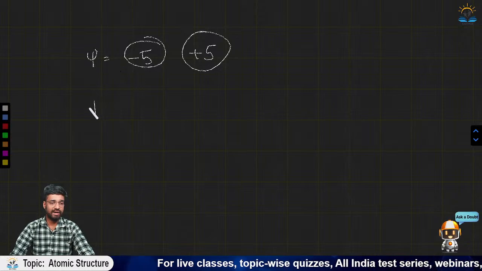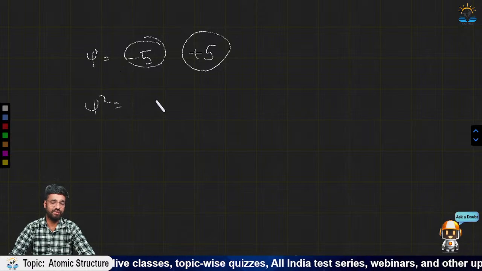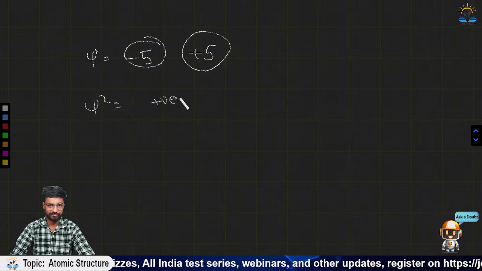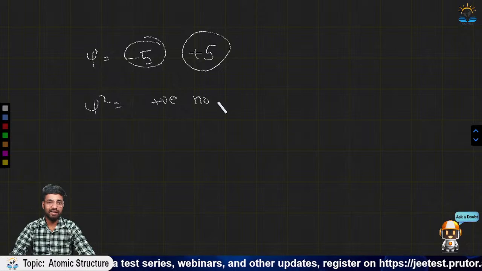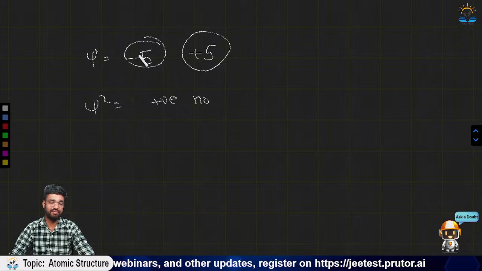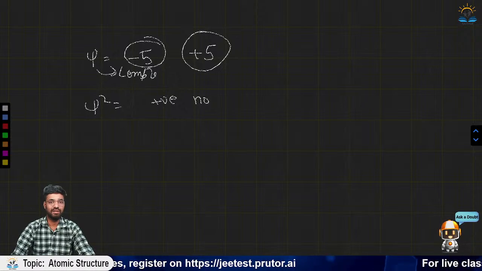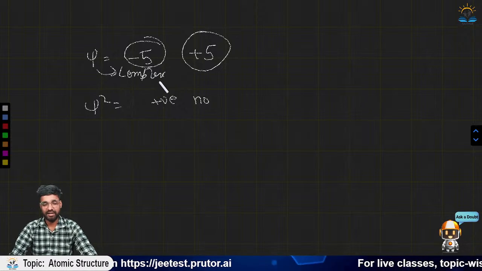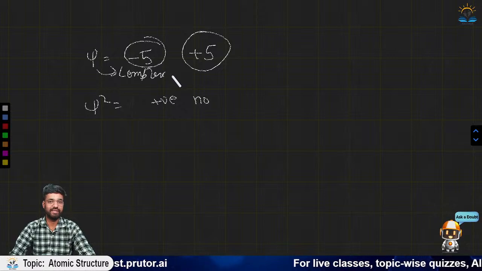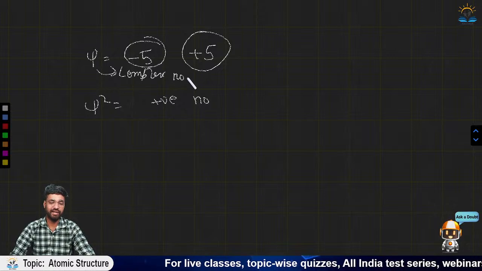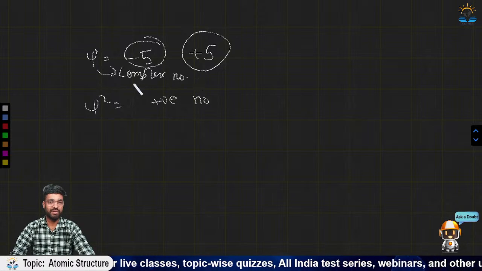So if you take the square of that number, it will always be a positive number, unless that psi consists of a complex number. That is a critical thing. It is not important right now whether it will contain a complex number or not, but yes, it can be negative if it contains a complex number.